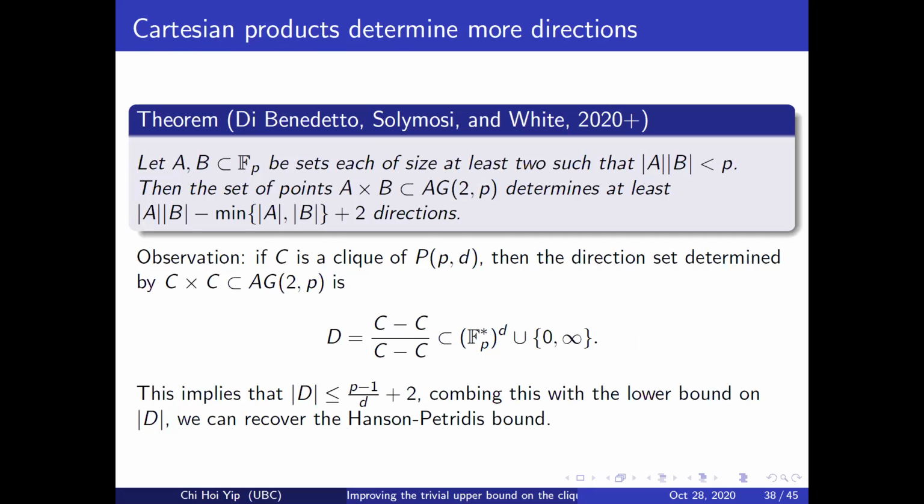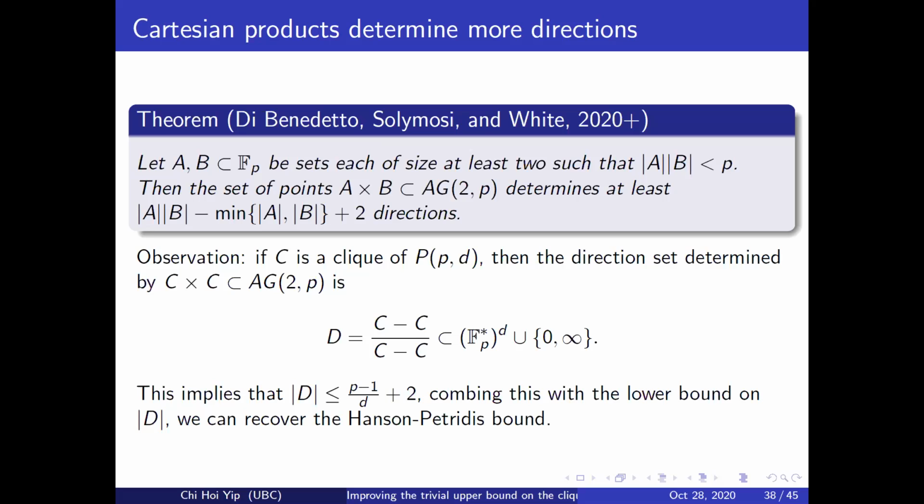I'm a little bit confused about this (C - C)/(C - C). Can you say a little bit more about what's happening there and how it's not 0 over 0? Oh, okay. We know that each element in C - C is either 0 or a d-th power in F_p star, because that's the definition of the generalized Paley graphs. Oh, I see. So the fact that the differences are non-zero comes from the definition of the generalized Paley graphs.